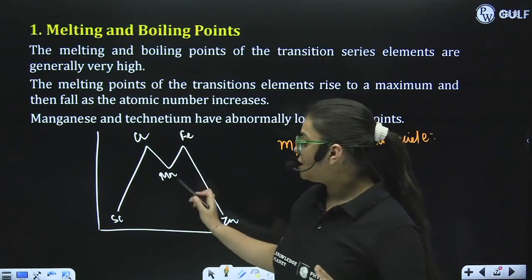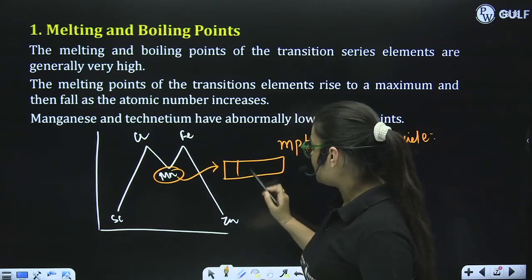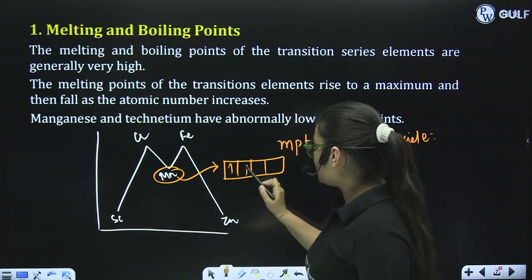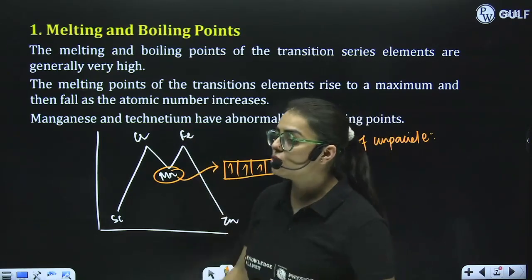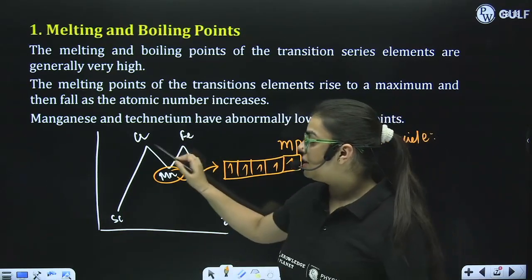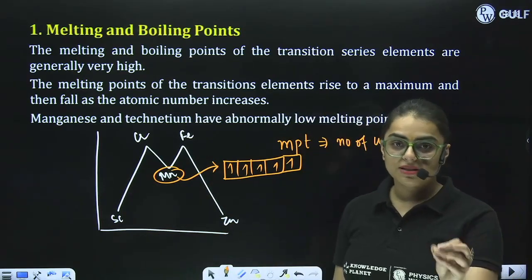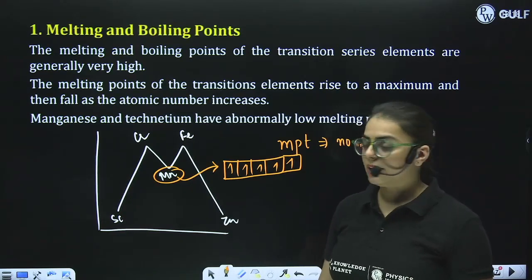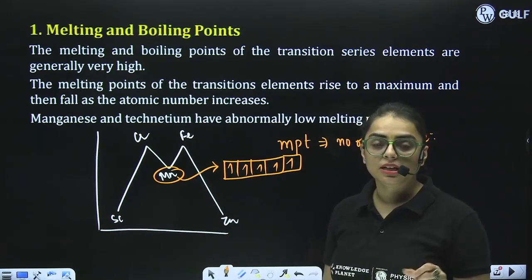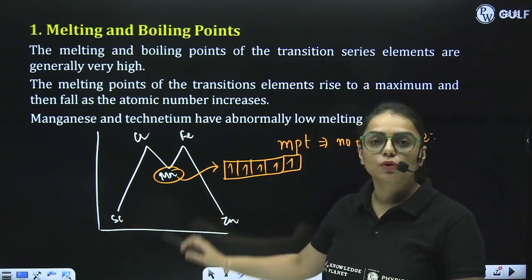But in the case of manganese, many people will say, ma'am, it has a d5 configuration, so one electron in each subshell, so why does it not have the highest one? Why is it decreased compared to chromium and Fe? Chromium has a 3d5 4s1 configuration, all unpaired electrons. But in Mn it is 3d5 4s2.